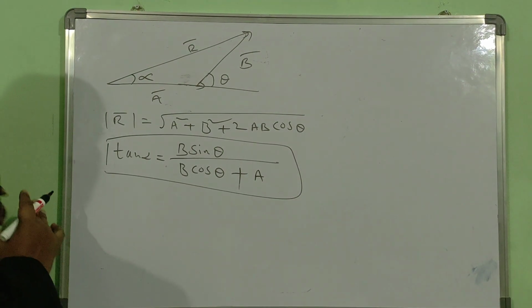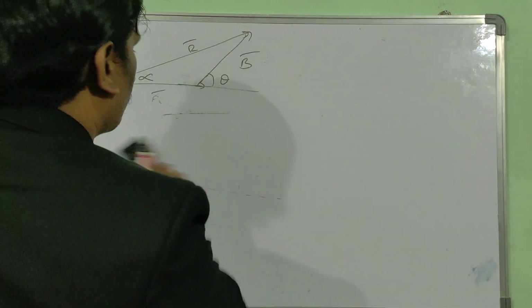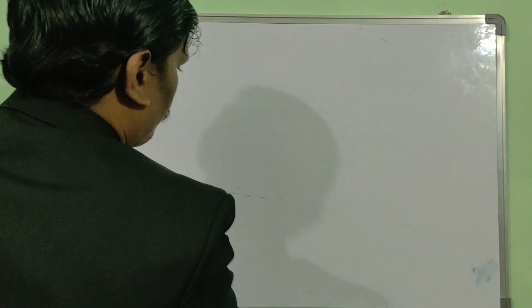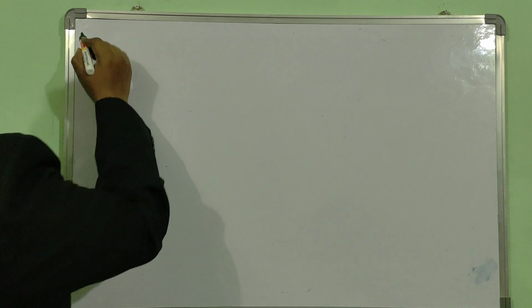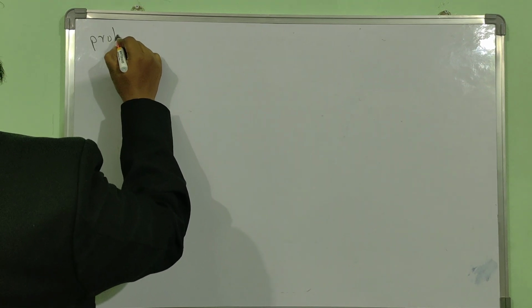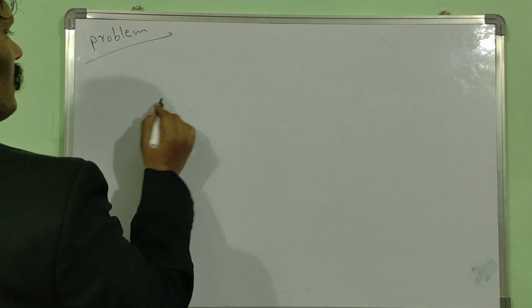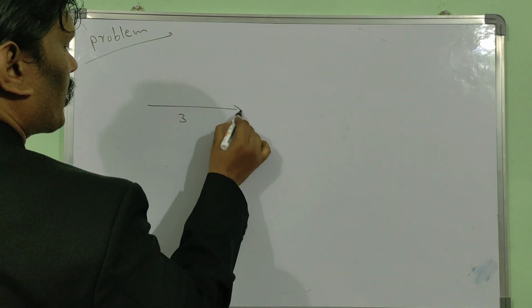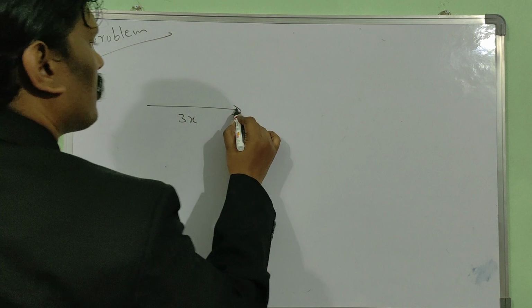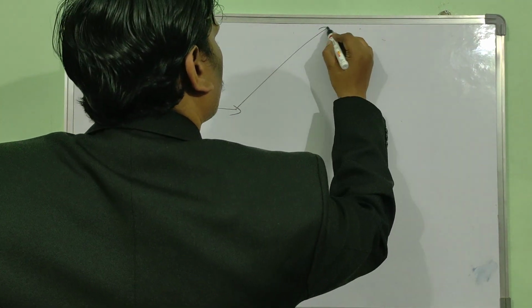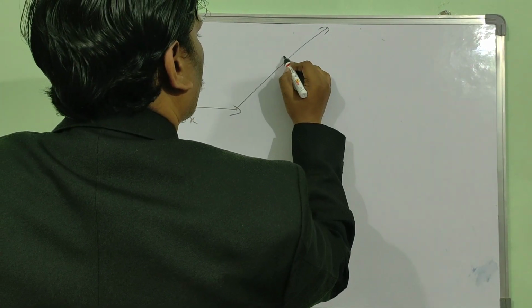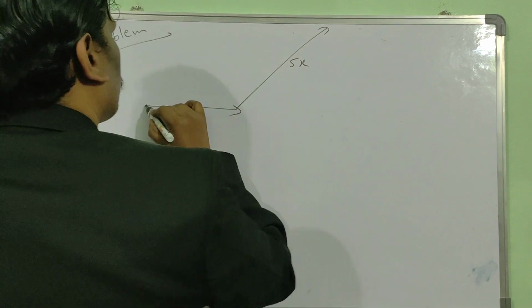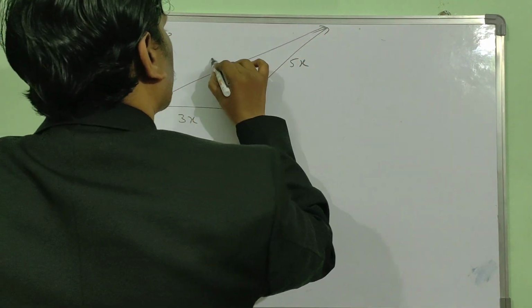Okay, we are going to do one problem. Consider this vector with magnitude 3x, this vector with magnitude 5x, and the resultant vector with magnitude 28.